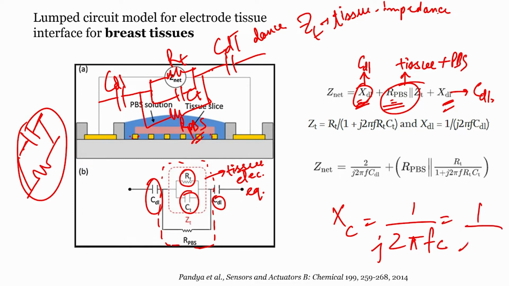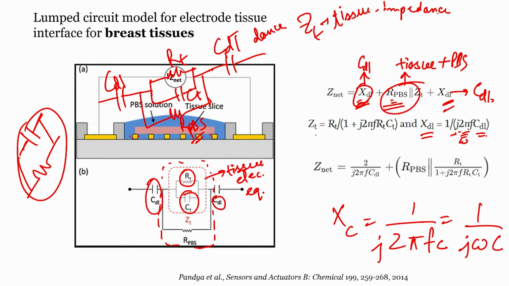Or 1 over j omega C. In a similar way we can write here XDL is equal to 1 over j 2 pi f, which is omega, and CDL, which is the double layer capacitor, which again I am emphasizing is formed due to the electrode tissue interface.